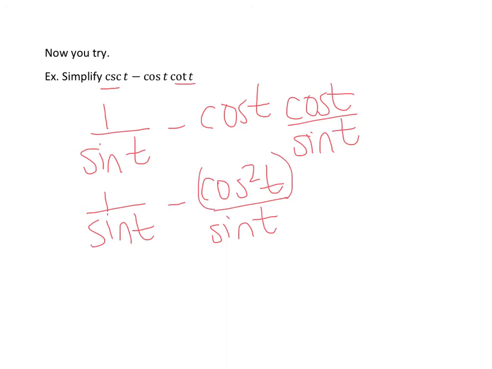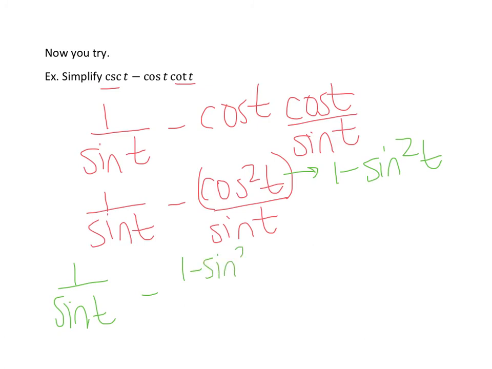Cosine squared t can be replaced with 1 minus sine squared t, one of your Pythagorean identities. So now we have 1 over sine t minus 1 minus sine squared t over sine t.